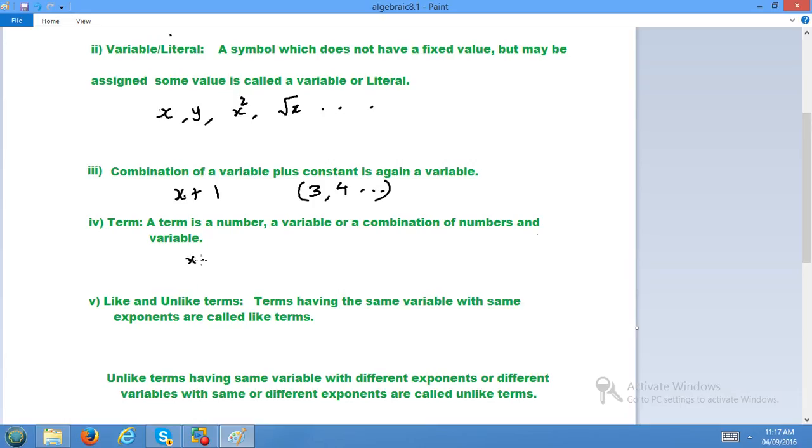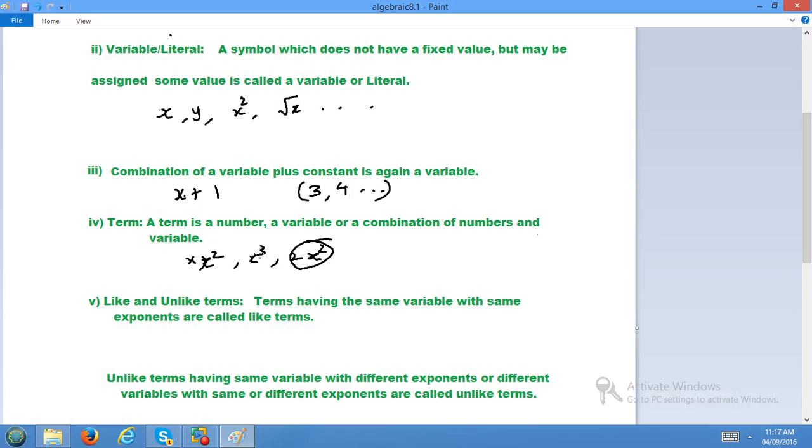For example, x is a term. So for example, x square or x cube or 2x square, this entire thing is one term. This is what we mean by term.